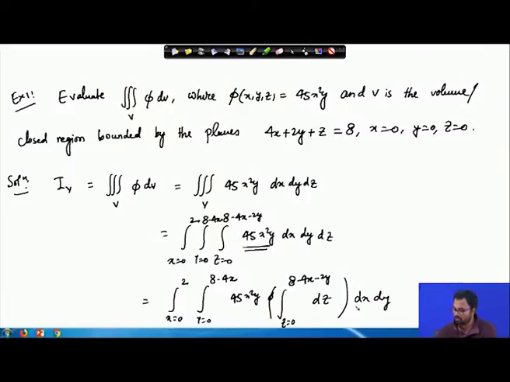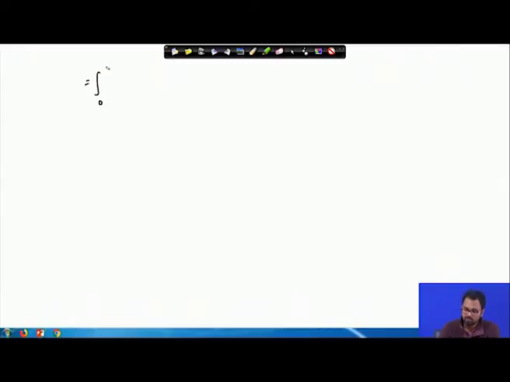So, this will be dz, and at z equals 0 it is 0. So, ultimately we will obtain the integral from 0 to 2, integral from 0 to 8 minus 4x, of 45 x square y times (8 minus 4x minus 2y) dy dx. Now we integrate with respect to y.